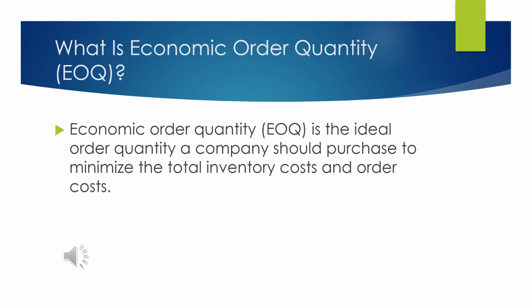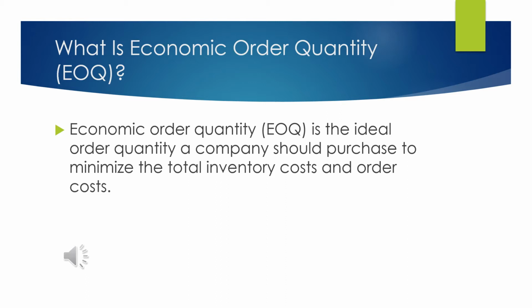So we can define the economic order quantity as a quantity of order that is ideal to decrease the cost of ordering and the cost of inventory holding to the minimum, so we can decrease the total cost of inventory.